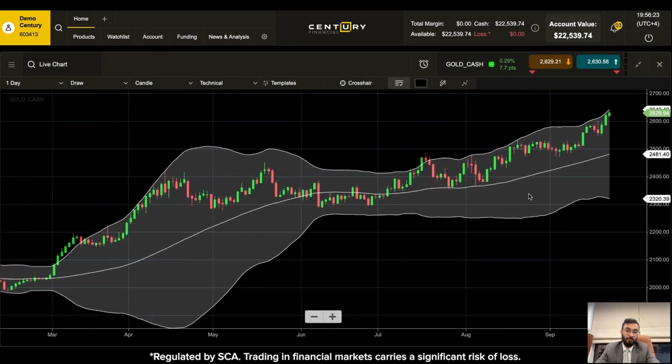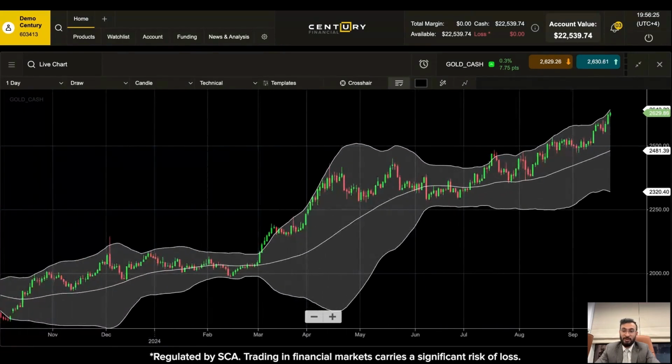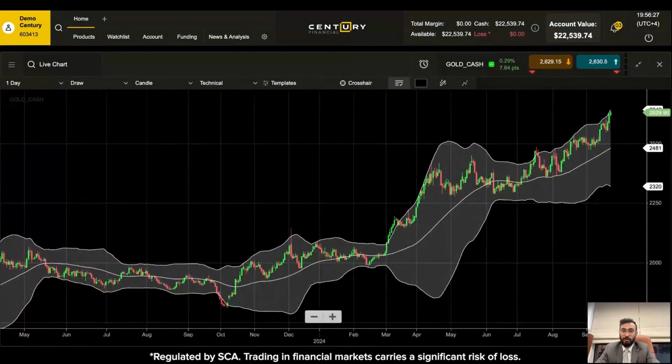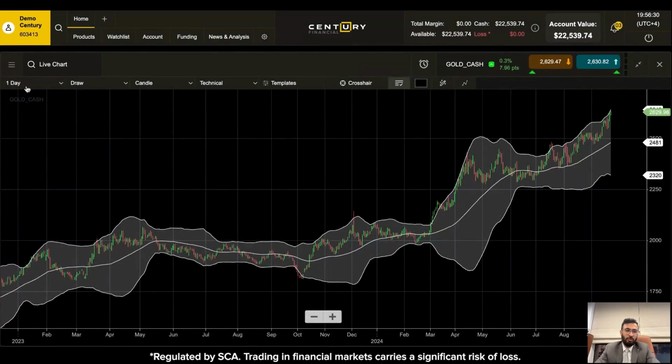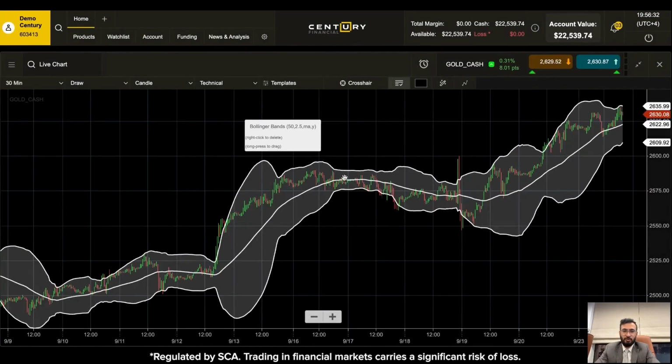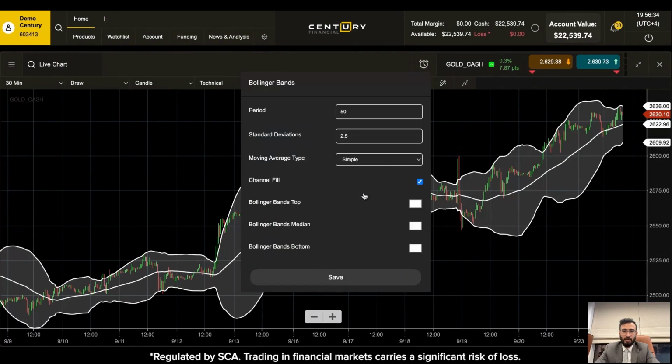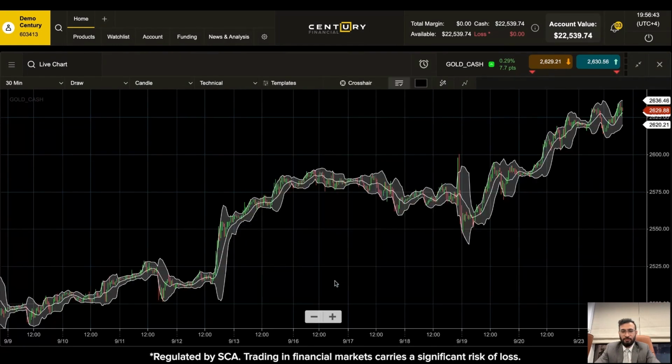Now looking at a long term, the lower bands and the upper bands widen up because of the volatility. If I would go very short term, say 30 minutes, and edit this to say a 10-day moving average, and say 2 standard deviation, save this.